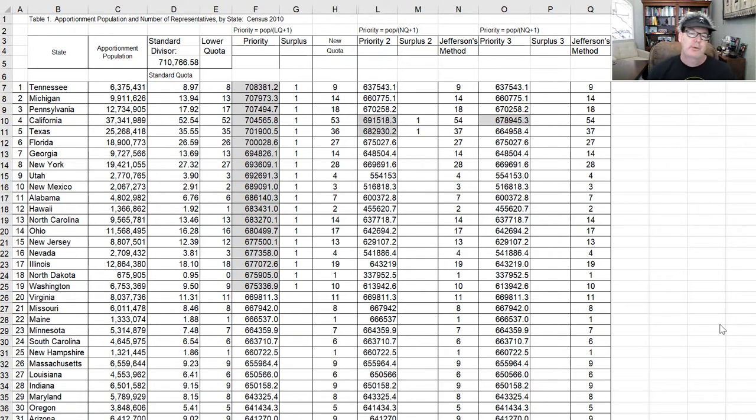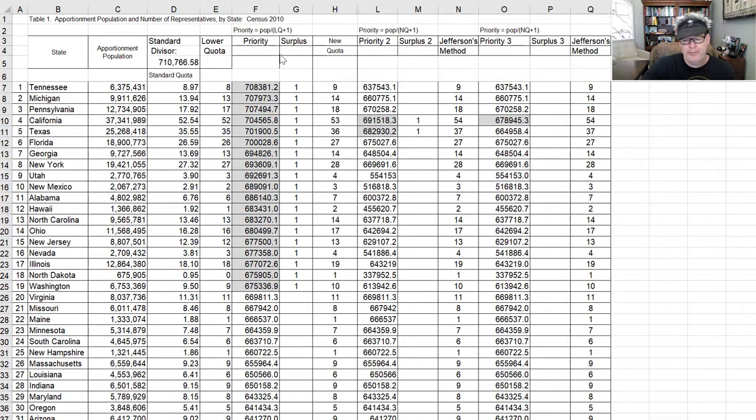And so with rounding, you always round down with Jefferson. So that means where you round up and down is given by the lower quota plus 1. Right? So you round down if you're below the lower quota plus 1.